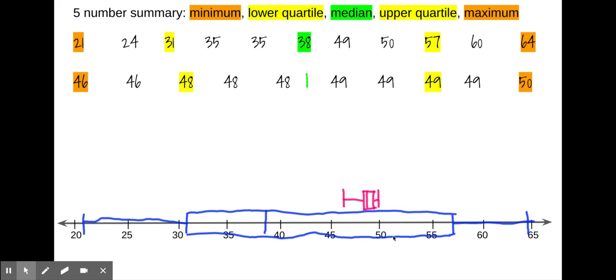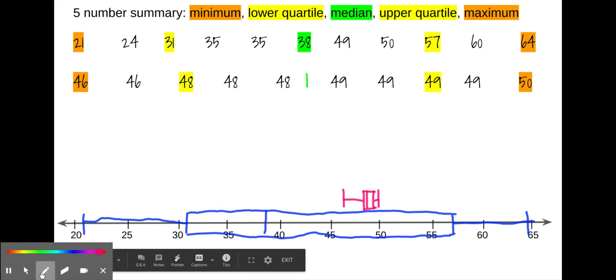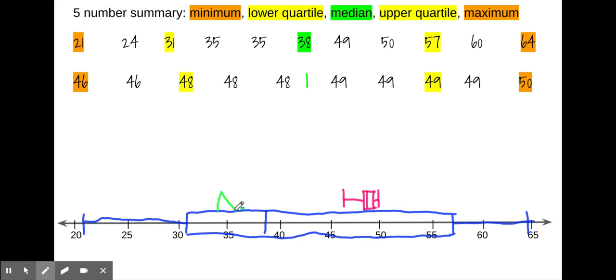By the way, you may be wondering why this is called sometimes a box and whisker plot, and I like to help myself remember that by drawing on here a little imaginary cat. Here's my cute little cat's face.